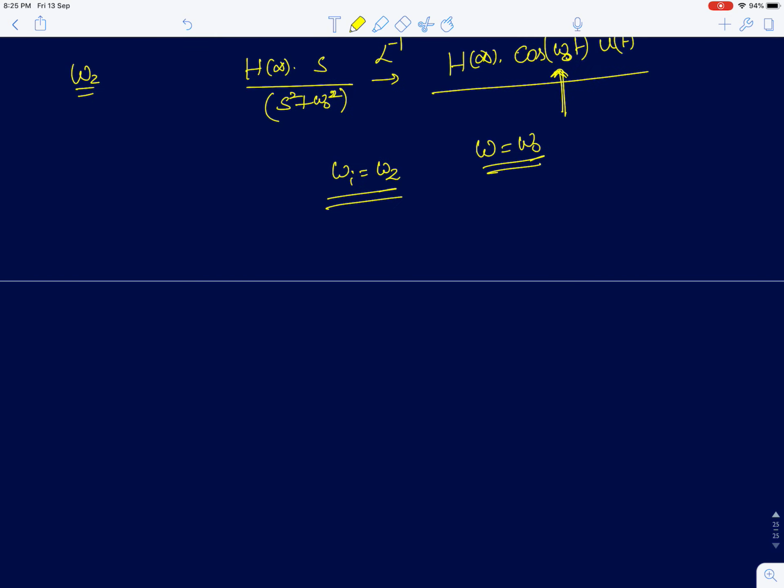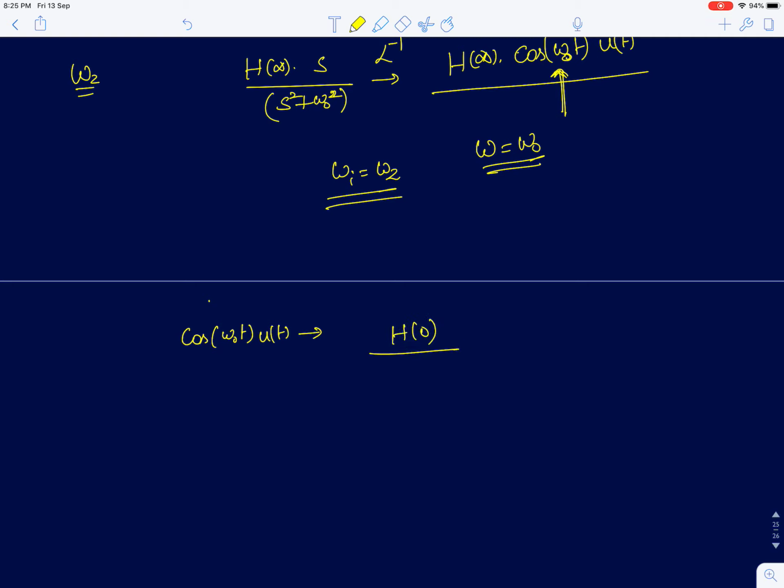And the third and final case is when the input frequency of the sinusoid is omega naught. So I'm going to feed cos omega naught t into u of t. Again, since the gain of the system is infinity at this frequency, we should expect to get an infinite amplitude sinusoid if I feed this as an input.